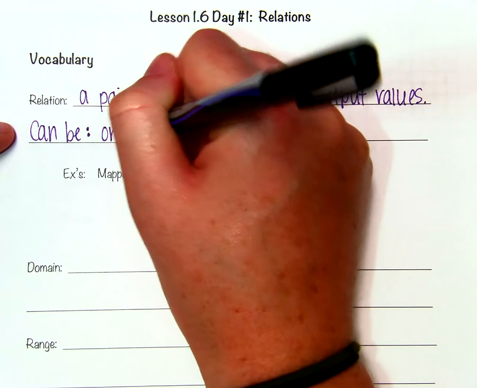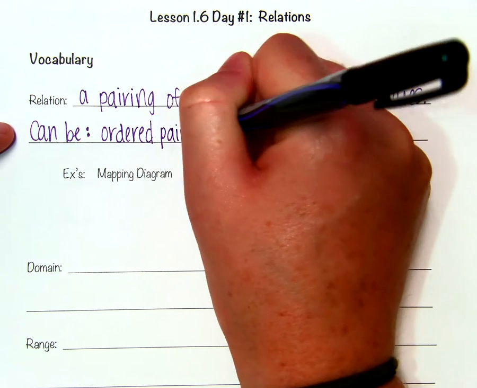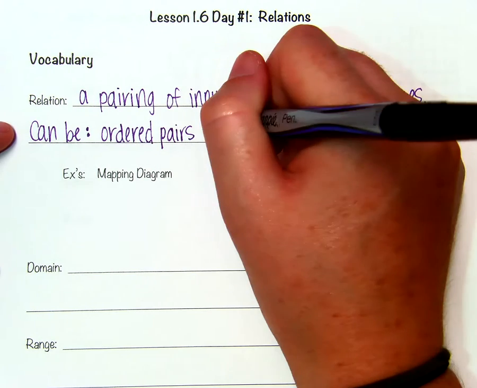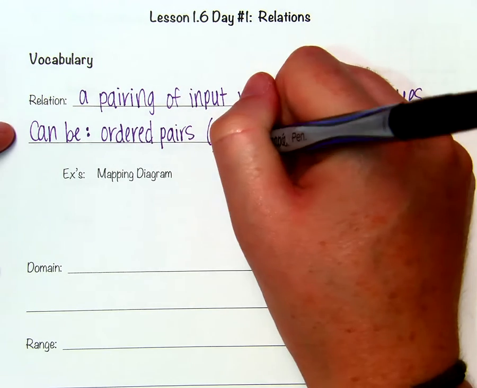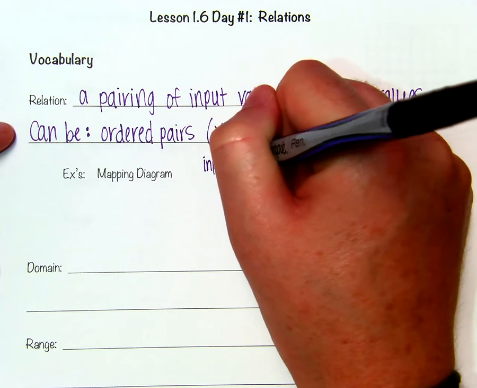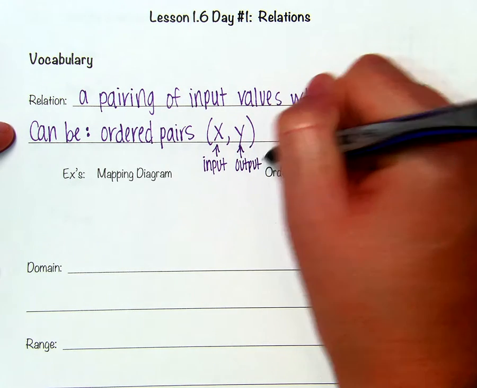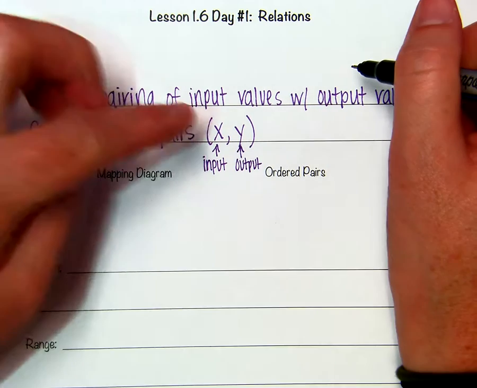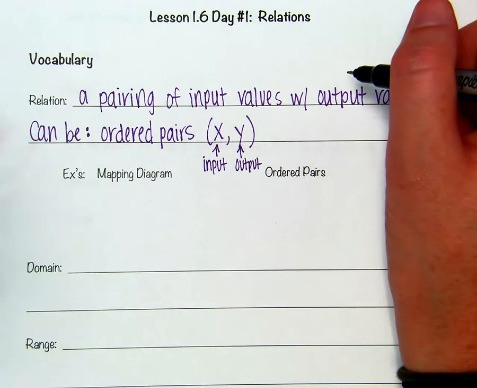You guys see ordered pairs a lot when we're graphing things. So ordered pairs, that looks like this, x comma y. All right, the x is considered your input, whereas the y value is considered your output. So it's still a pairing of input and output values. We just are used to seeing x and then y, but just know that x is the input, y is the output.